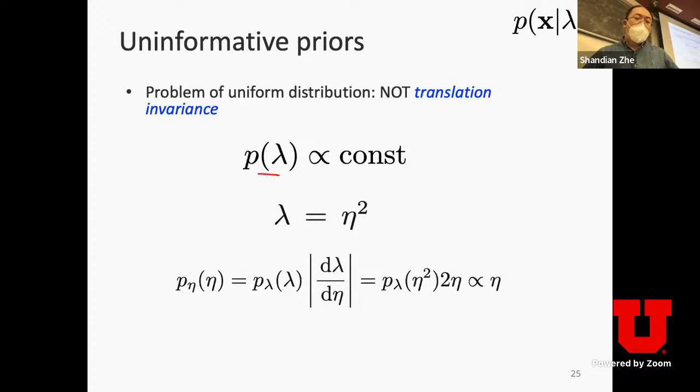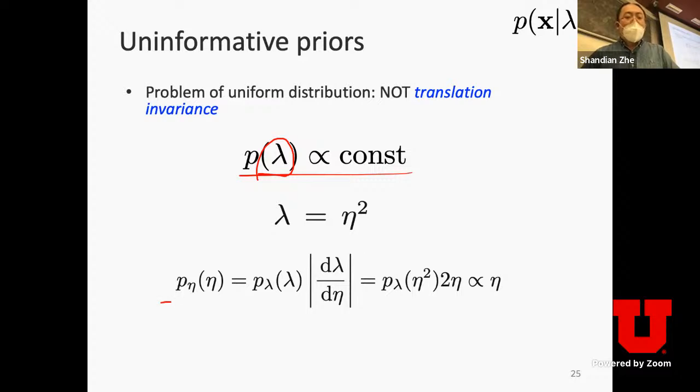We know lambda itself is uniform, although it's improper. We know P of lambda is uninformative. Now we just made a transformation. We can represent eta in terms of lambda, where lambda is eta squared.